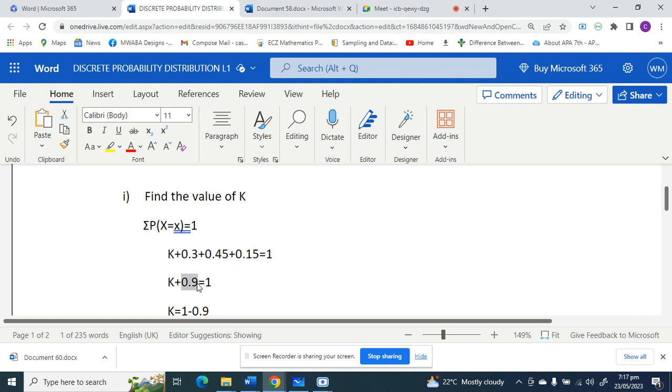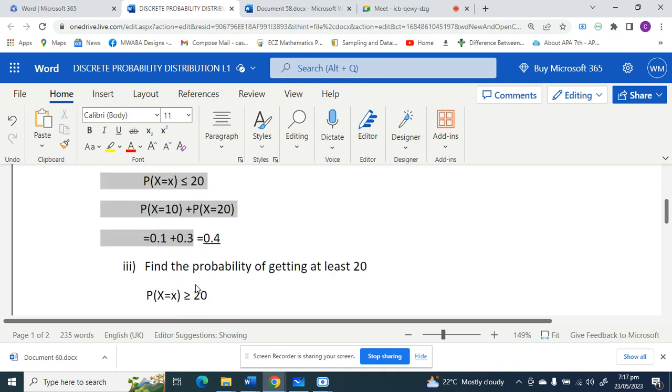Then when I said you add like terms together, since K is a letter, we can't conduct any operation with K. But this 0.9, we can take it over the equal sign so that we conduct a mathematical operation with it.